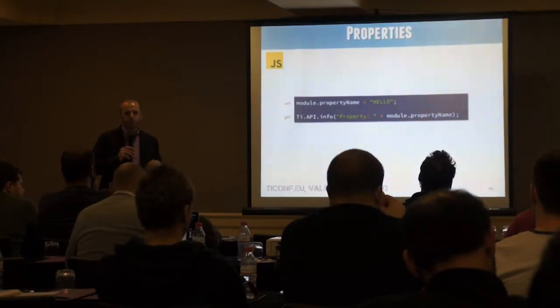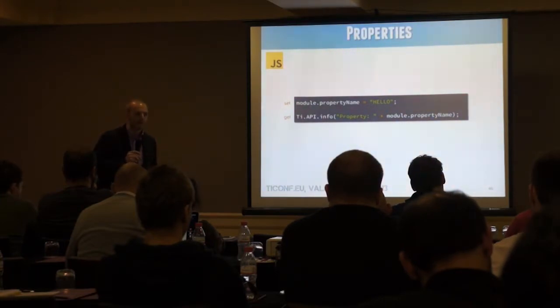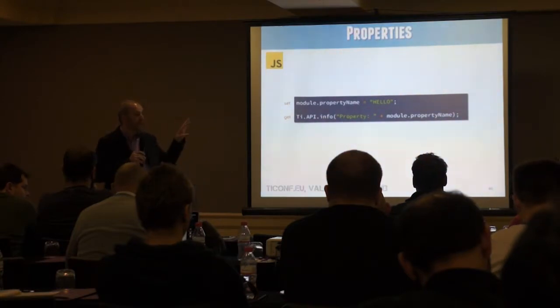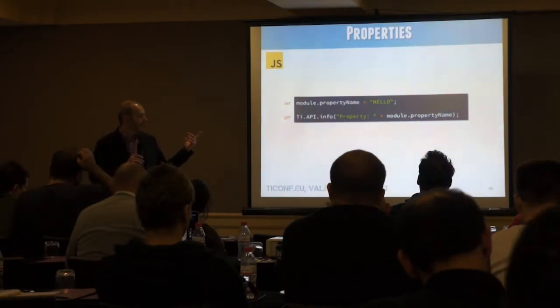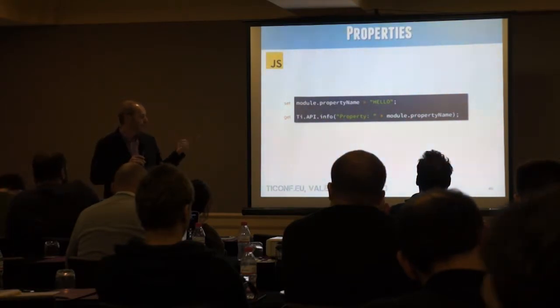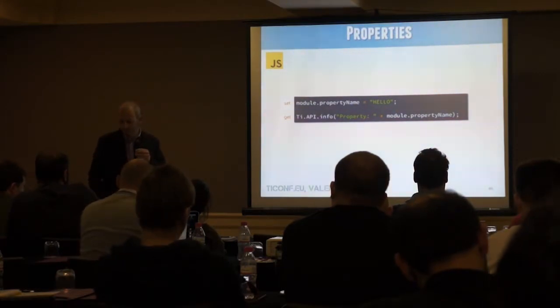Our module or proxy objects can have properties, as you know, because you use them all the time when you create programs for Titanium. So you have the notation module or proxy dot property name as a set operation, or a get operation when we use the value of that property.